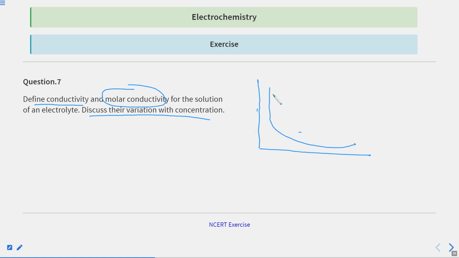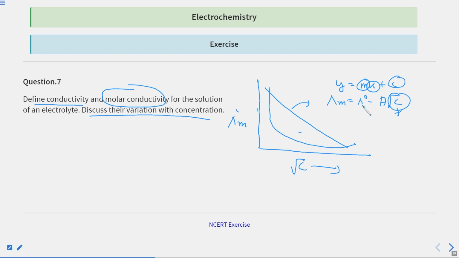For this graph, we have the formula lambda m equals lambda naught m minus a root c, where c is the concentration. If I place root c on the x-axis and lambda m on the y-axis, so y equals mx plus c, where m is the slope and x is root c. So the slope is minus a here, and the intercept is the conductivity at infinite dilution. So this is the graph.